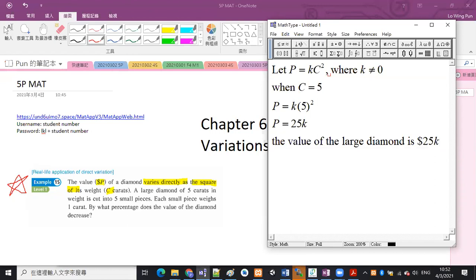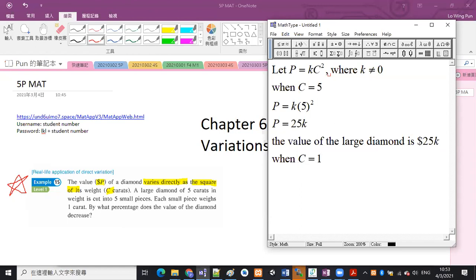Can you get this? 但係佢將嗰粒大鑽石切碎成為5粒細鑽石，每一粒就得1卡。咁每一粒細鑽石嘅價值係幾多？C 等於1。So we are going to find the value of the small diamond, and we know that the small diamond has weight equal to 1 carat.